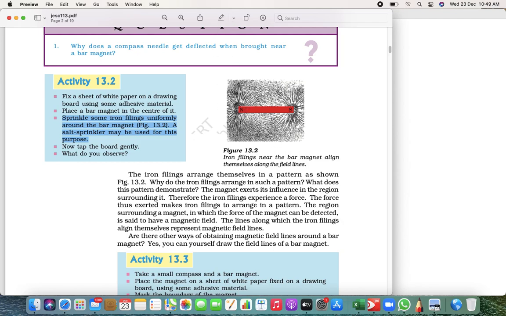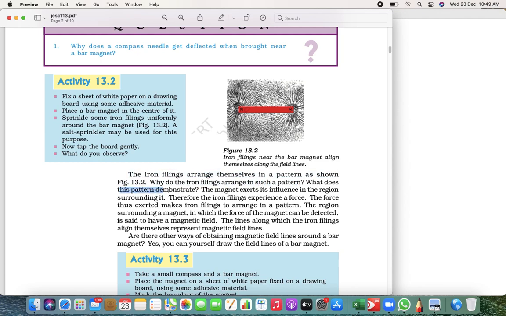In this figure you can notice that the iron filings rearrange in a way like this. If you see, it looks crowded like this.